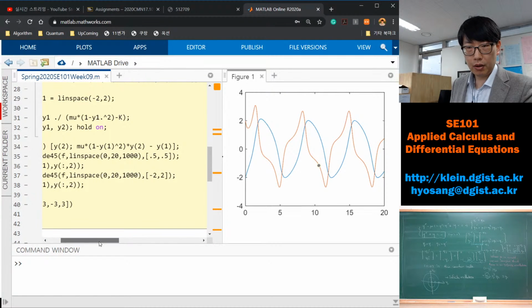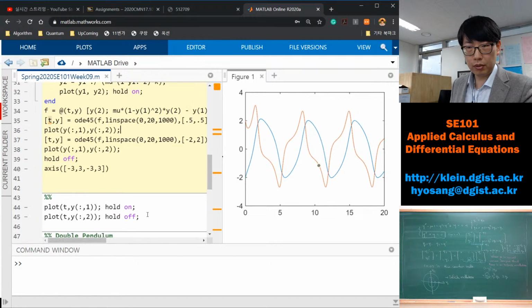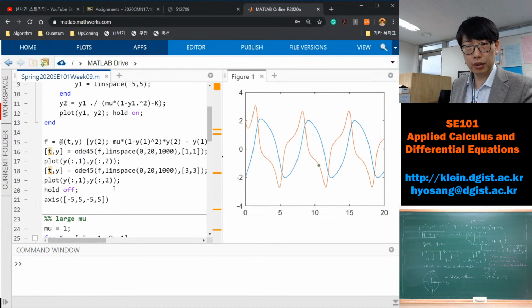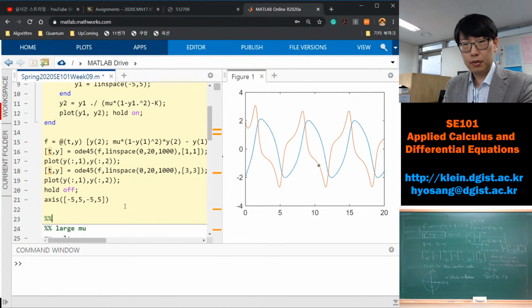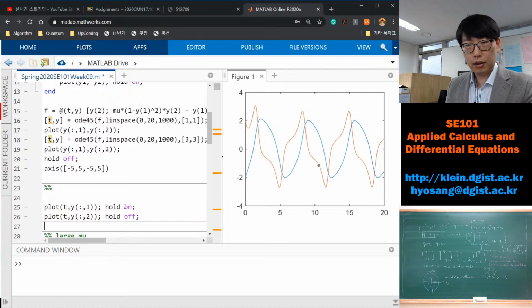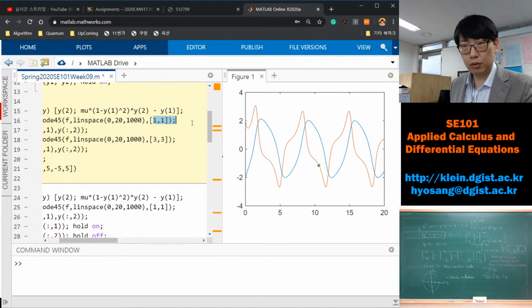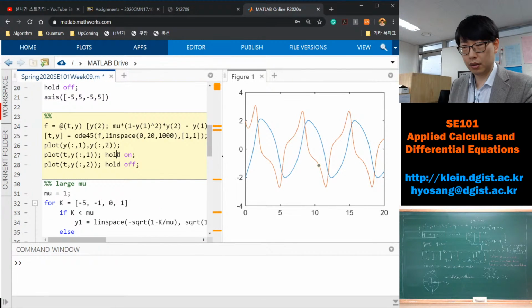Let's see what about small mu, as in the previous case. In the small mu case, the initial value is 1, 1 here. So let's see how the graph looks like.